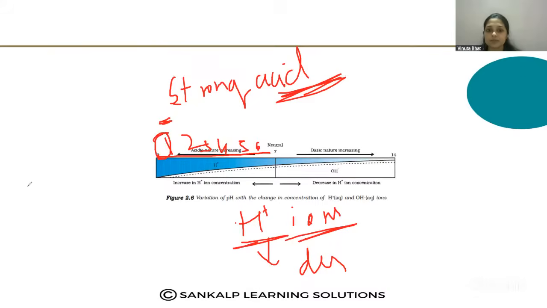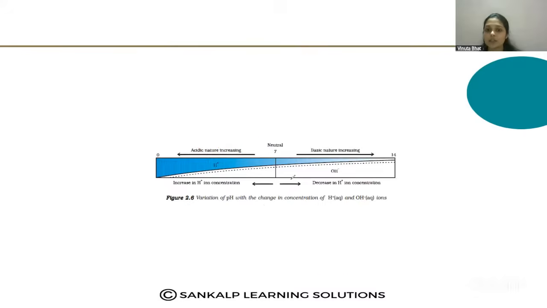Then the H plus ion concentration decreases from 7 to 14. So H plus ions decrease ಆಗಿದೆ ಅಂದ್ರೆ ಏನು, so that is showing the basic character.